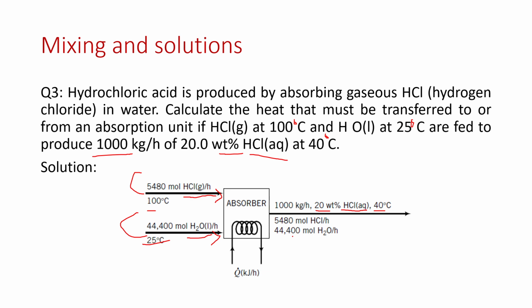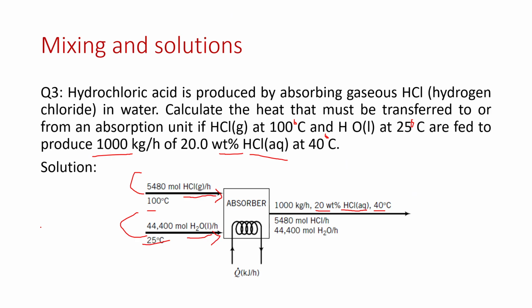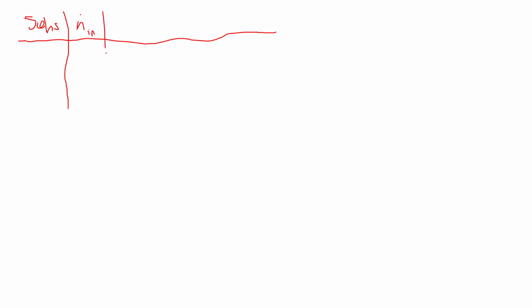So since we have found the molar flow rates, let's draw the table here. Substance, n in, n out, H in, H out.